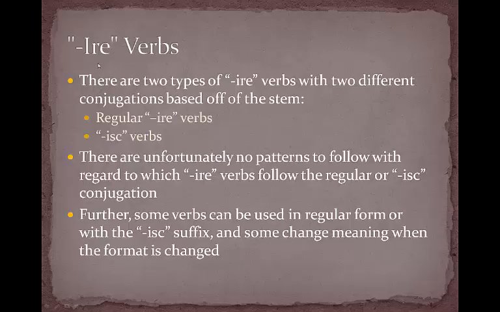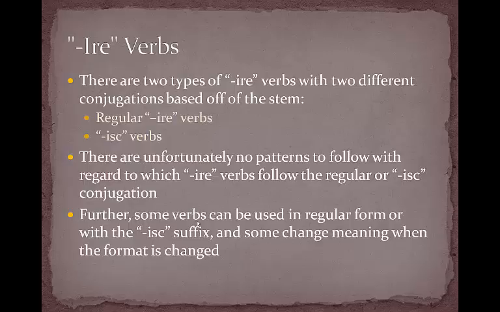We have ire verbs. Now, these ones are a little bit trickier, and that's because there are some ire verbs that are completely regular, and there are some that have a suffix added to them. And this suffix, you'll see later, is isc. Unfortunately, there's no way to look at a verb and tell whether it's regular or has this suffix.